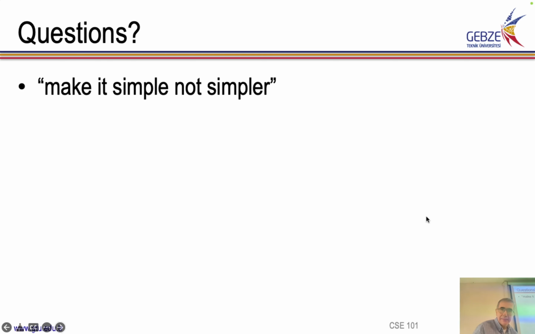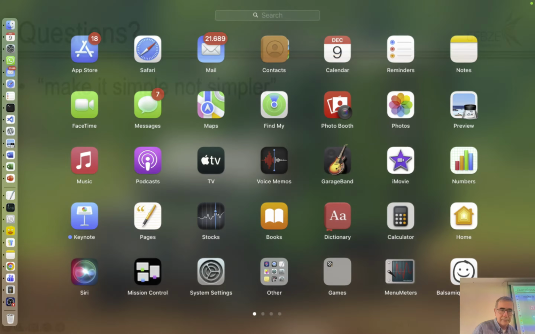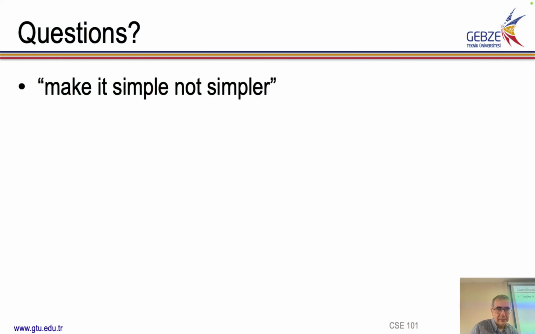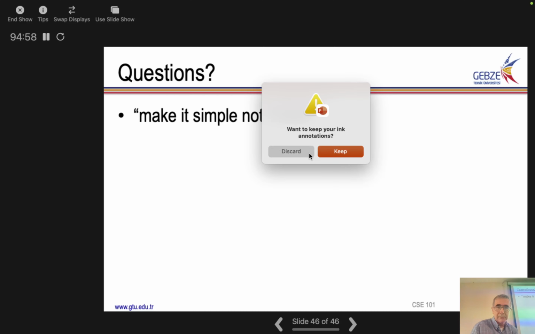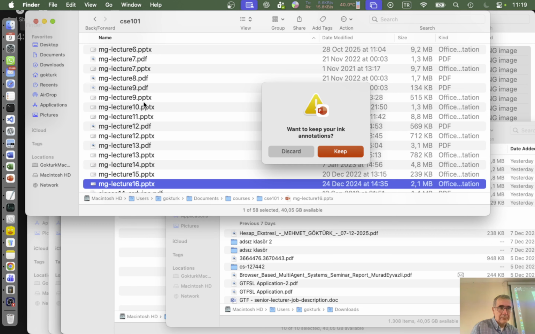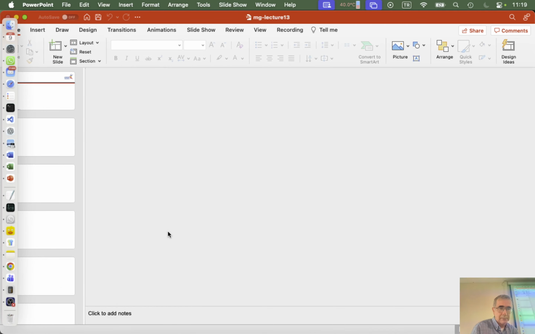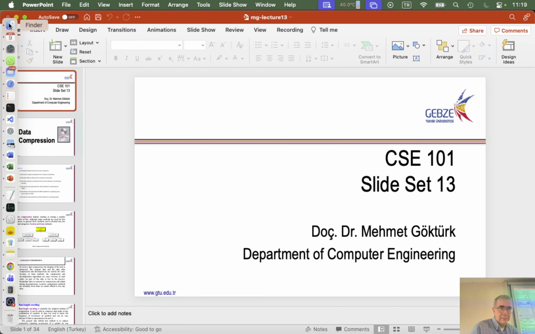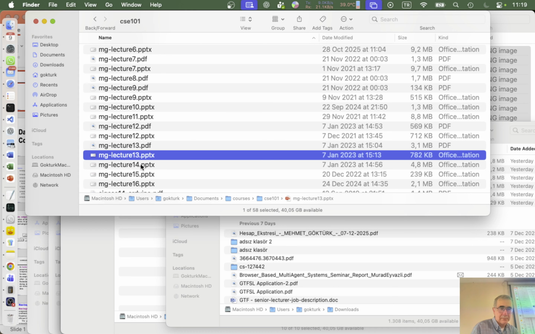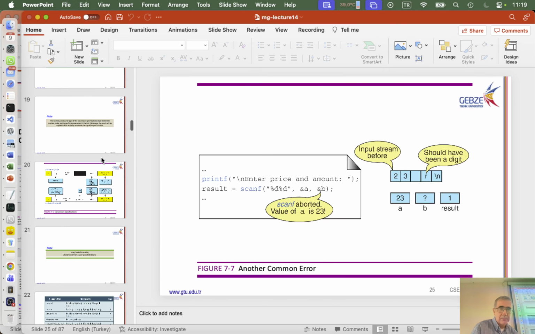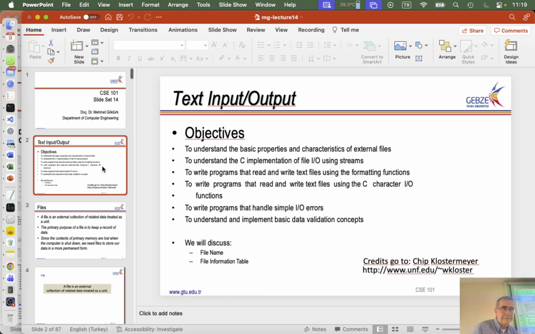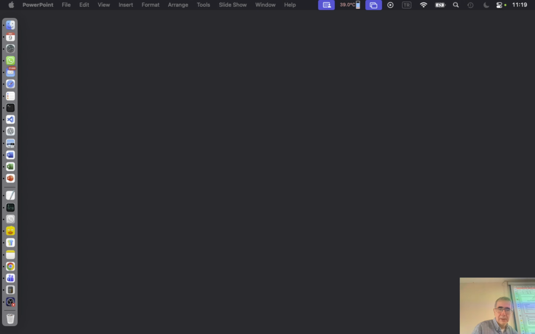So let me, okay, some additional information about text input and output.